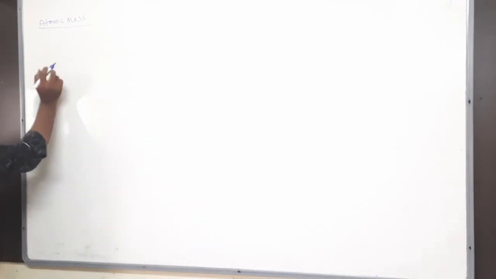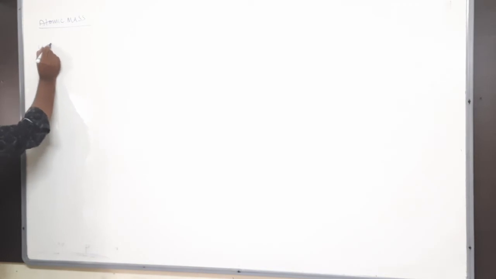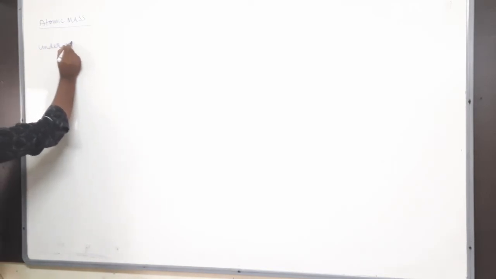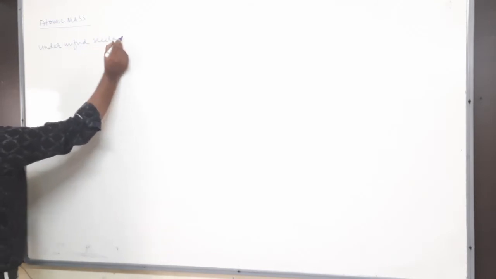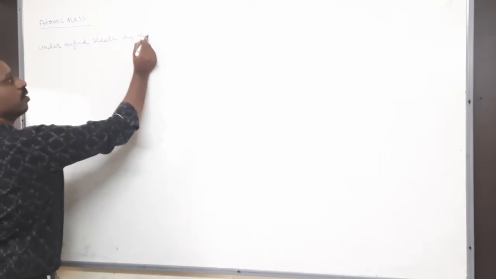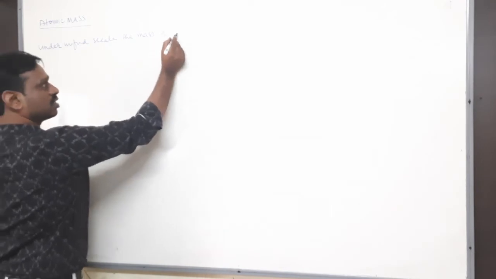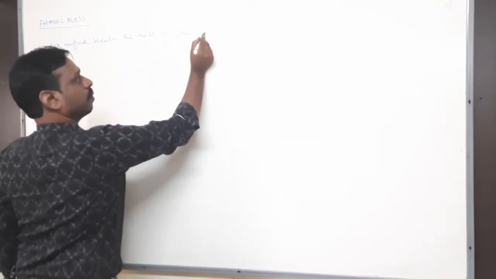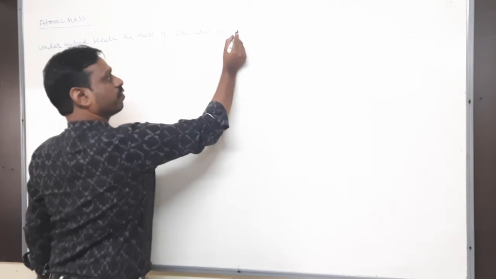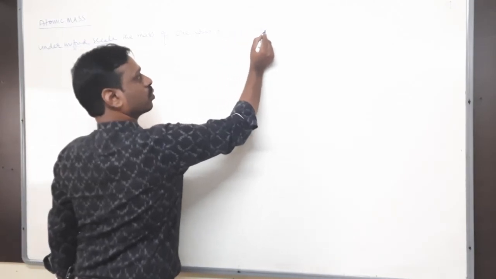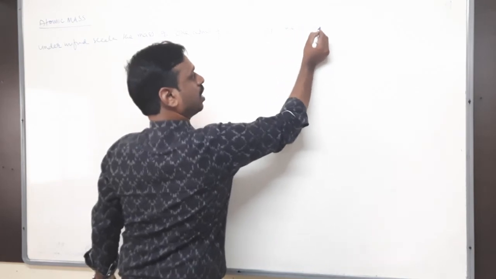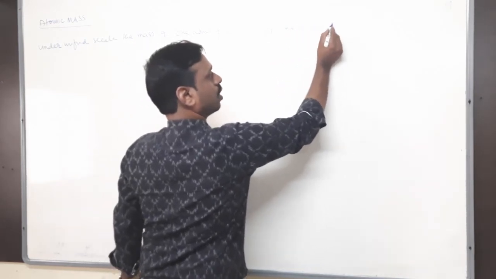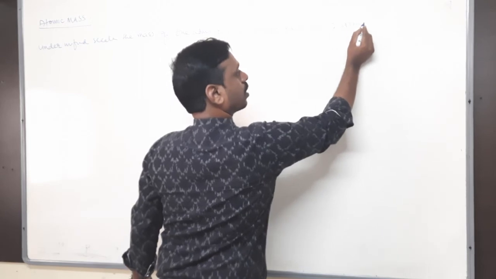See, under the unified scale, the mass of one atom of carbon 12 isotope is taken as 12 AMU, atomic mass unit.